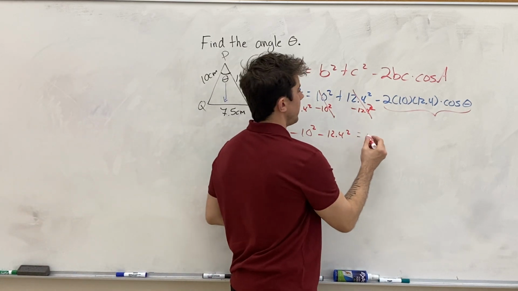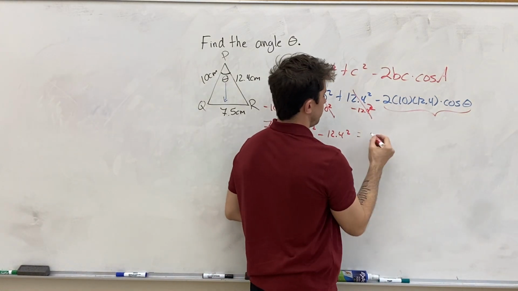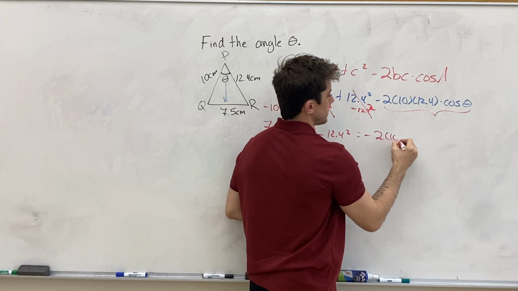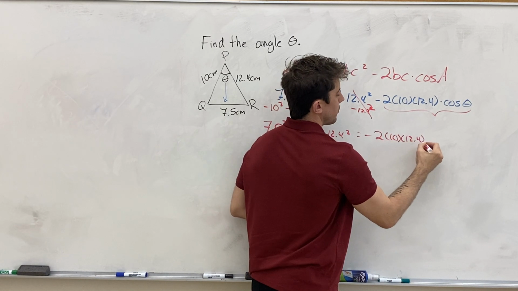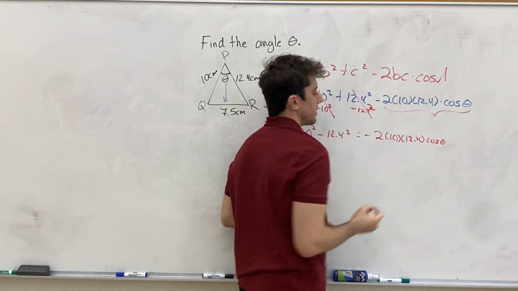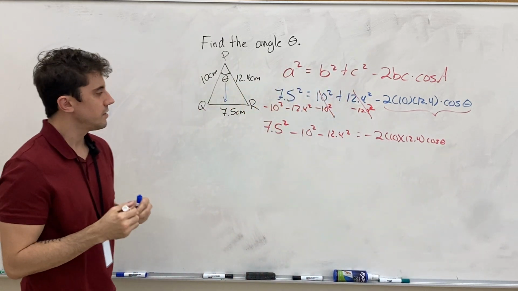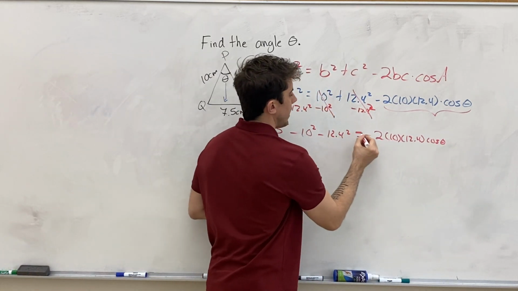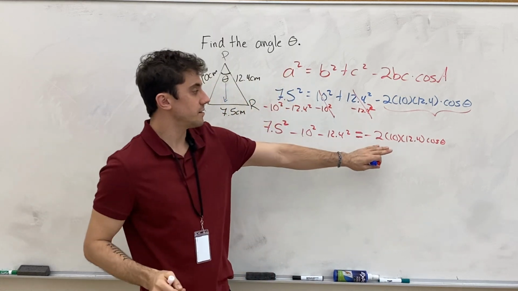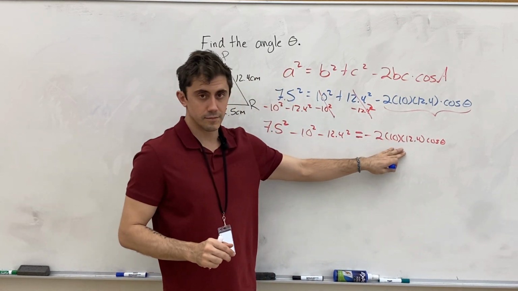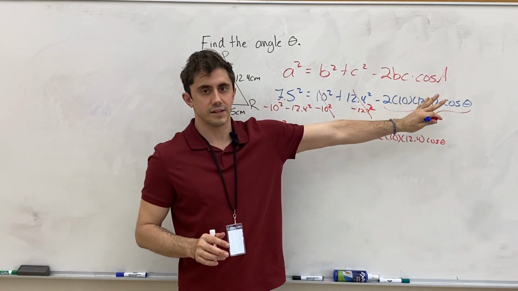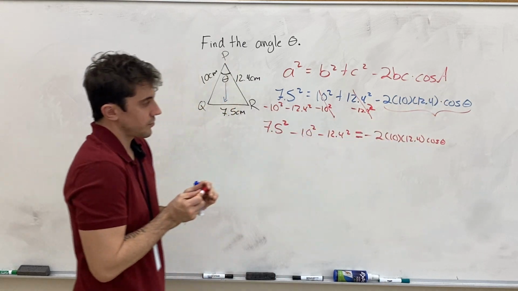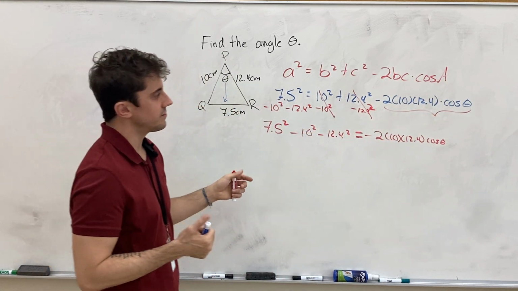And now all of that is equal to negative 2 times 10 times 12.4 times cosine of theta, right? So now we have an equation where cos theta is in a term that is isolated on one side, right? So that's a good first step.